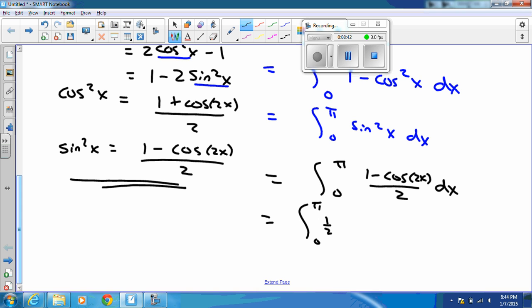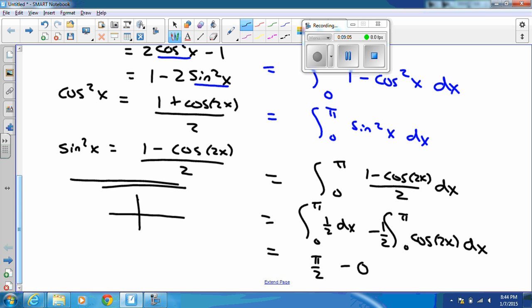And now we can integrate a term at a time. This is the integral from 0 to pi of 1/2 minus the integral from 0 to pi of 1/2 cosine of 2x. This integral is obviously pi over 2. This integral right here, I could do it analytically, but I'm going to cut to the chase and say that this integral is 0.